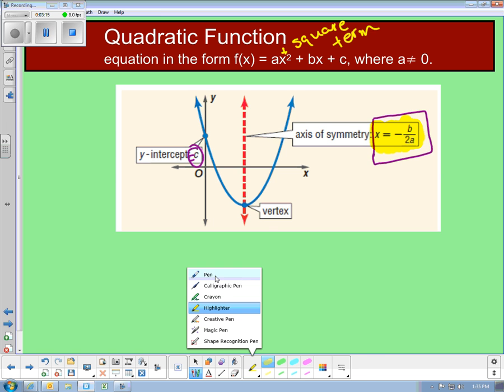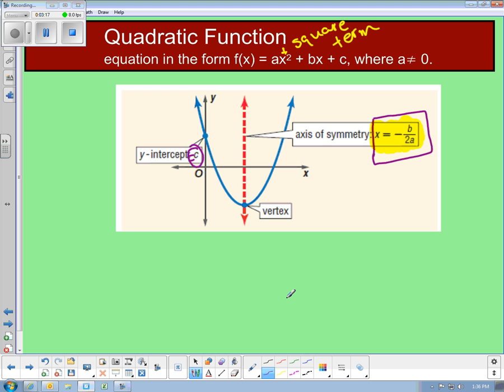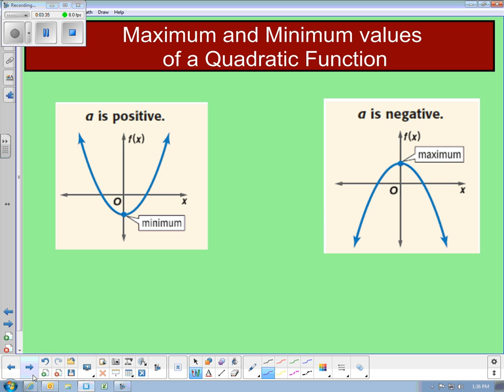The vertex uses the opposite of b over 2a. It also gives us where the graph changes direction. The vertex tells us where the graph was decreasing, turns and increases, or vice versa, was increasing, turns and decreases. That's where we get minimum and maximum values.